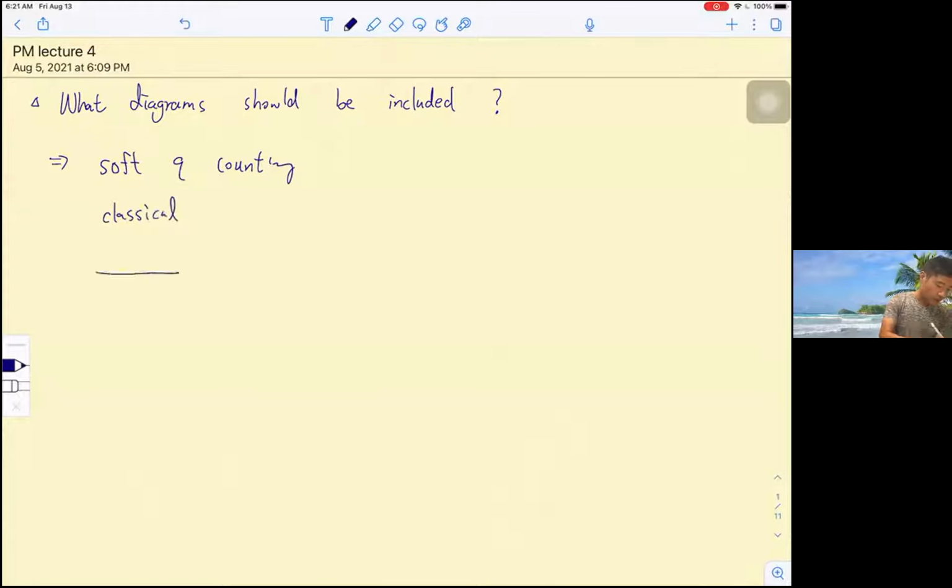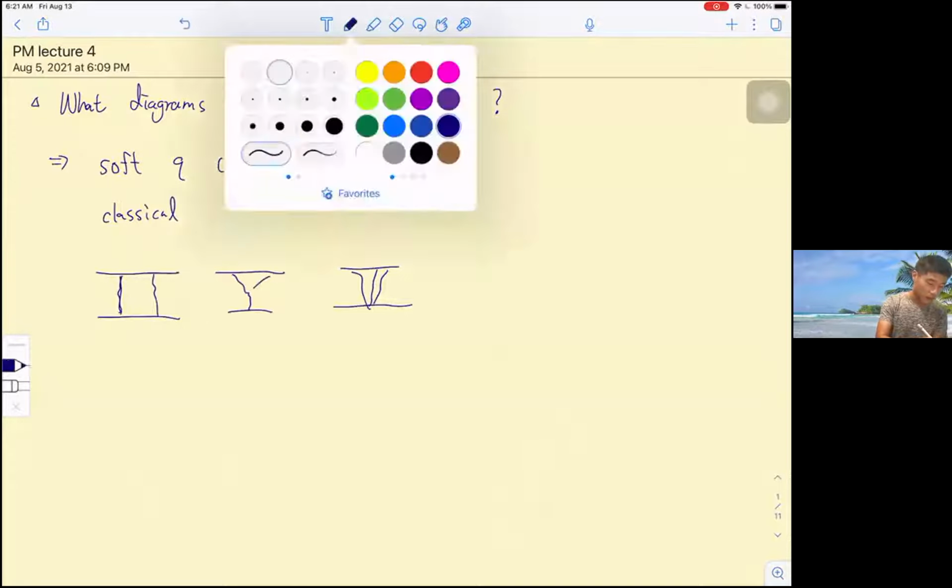For example, we have to include diagrams like this, with the box, the triangle, and even at 2D we have this type of diagram. These look like iteration, but remember, this is just a naive power counting, so it could still contain this classical part.